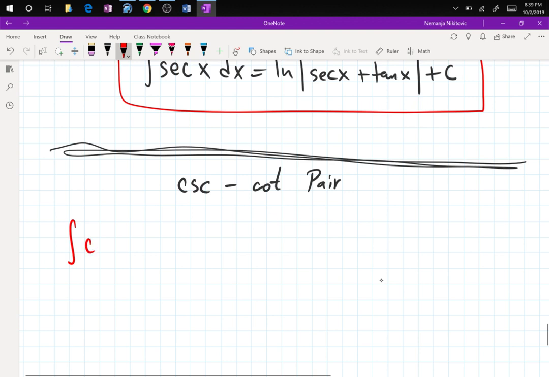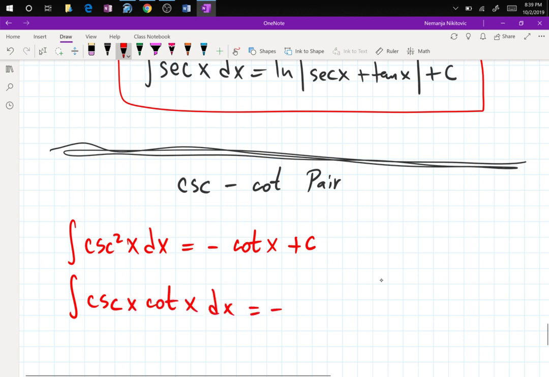The integral of cosecant squared x dx is negative cotangent x plus c, and the integral of cosecant x cotangent x dx is negative cosecant x plus c. So these are the two formulas, and as you can see, they follow exactly the same rules as the secant tangent pair, just with minus signs floating around, and you have to be careful to include those whenever you need to.